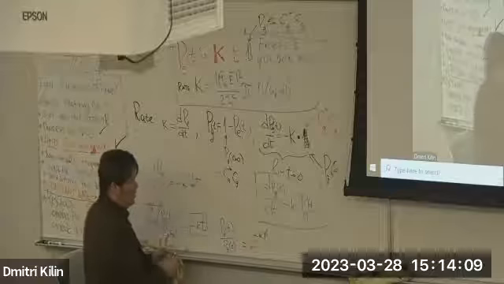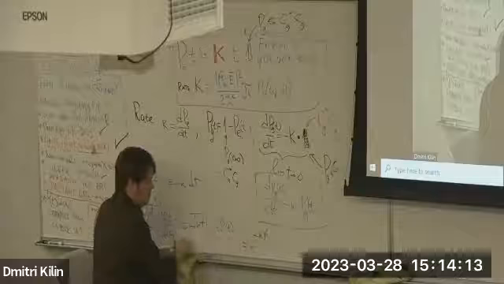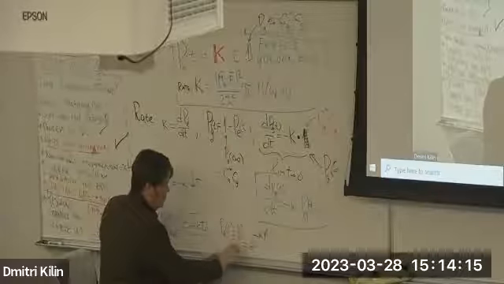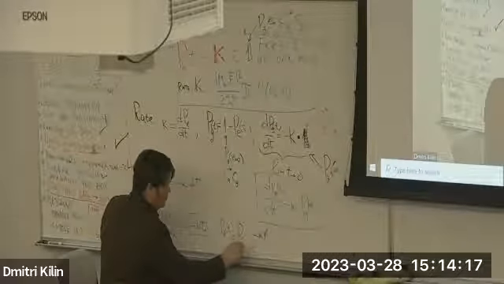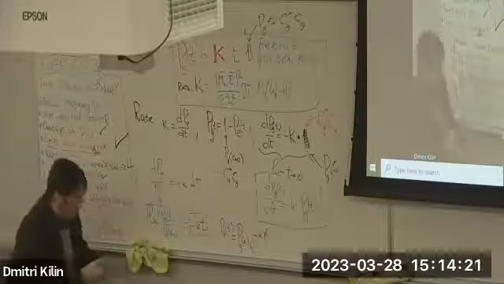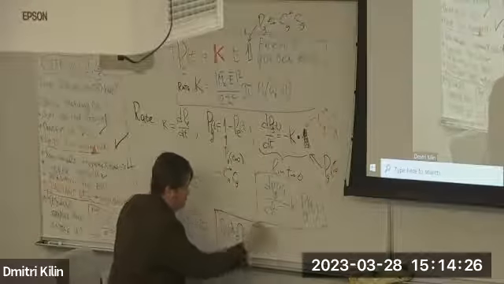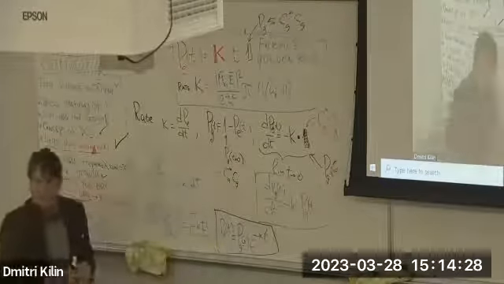Then we can multiply left and right by the initial population of the ground state. So we get, how do chemists call it?